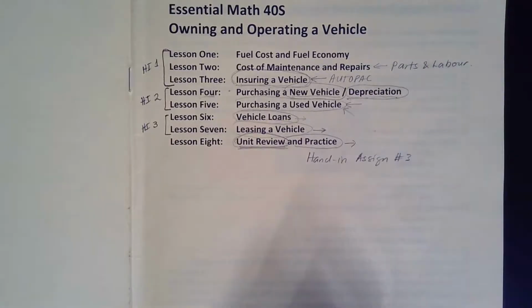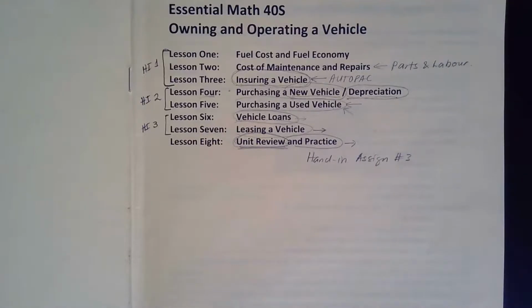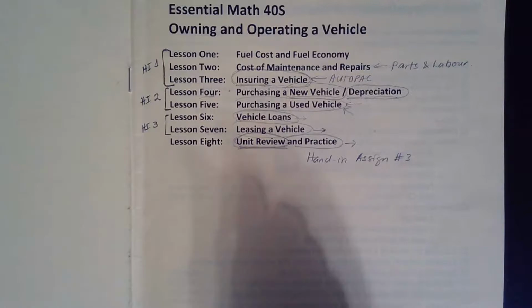If you were in school last week, you would have received assignment number 3. If you weren't at school last week, send an electronic copy of this hand-in assignment number 3, so you can work on it at home. Do it on a separate sheet of paper.